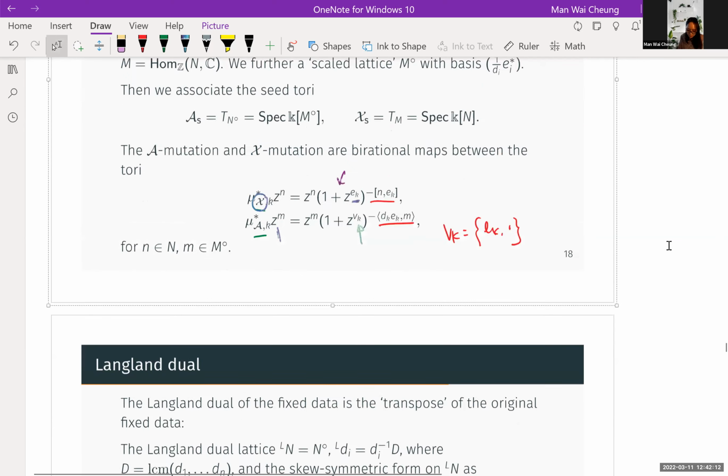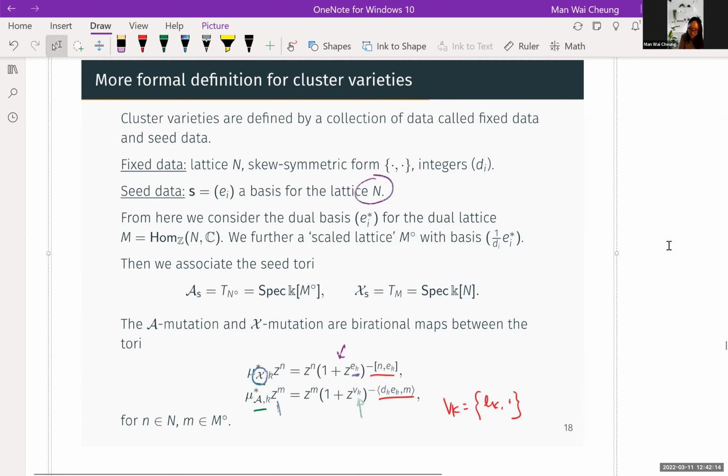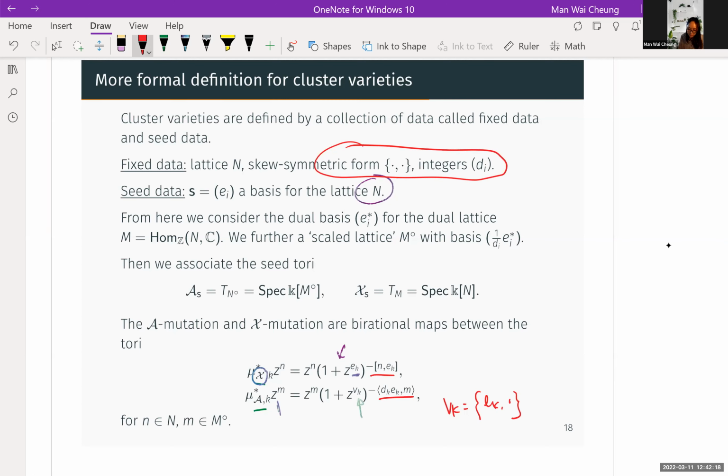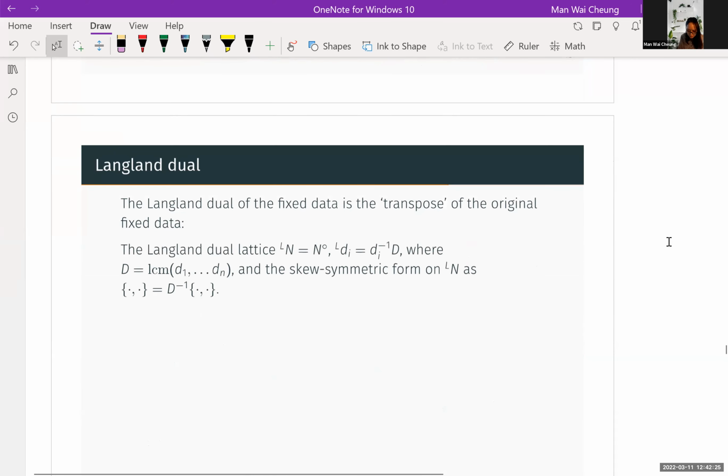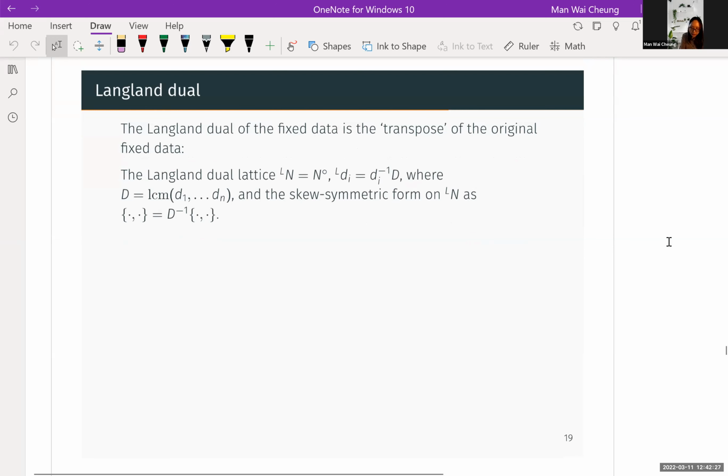Then one more notation: here we emphasize we start with a skew-symmetrizable matrix. So there is something called the Langlands dual, which we can imagine the Langlands dual of the fixed data is just taking the transpose of the original fixed data.